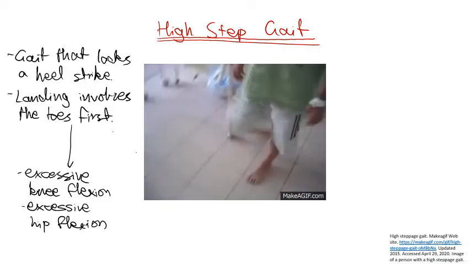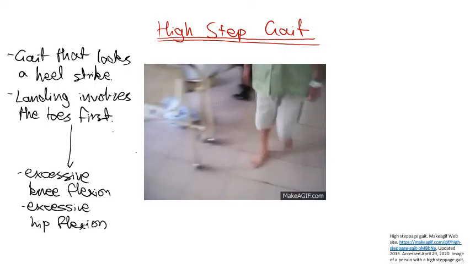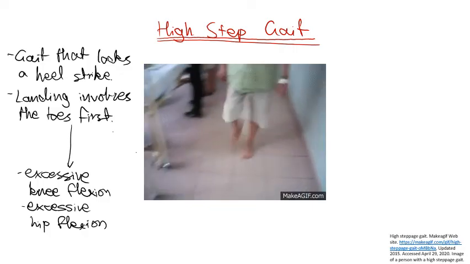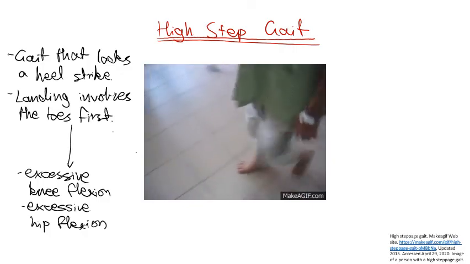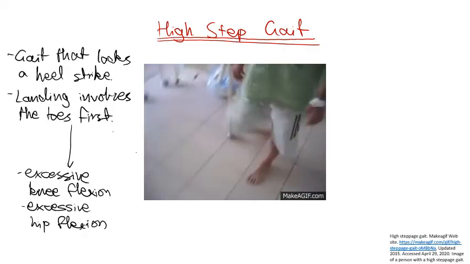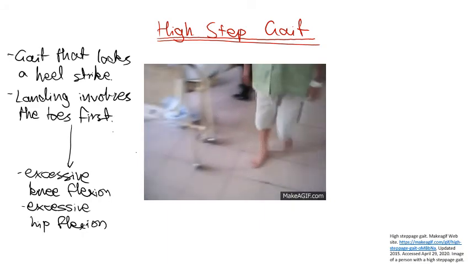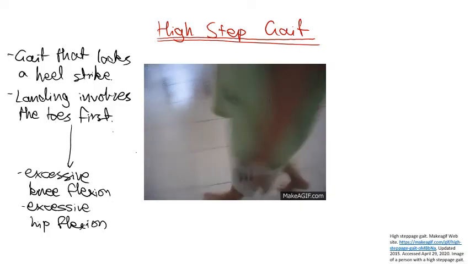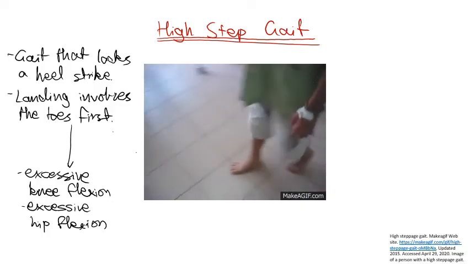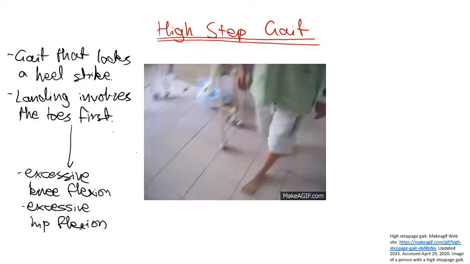If you think about the muscles that allow for dorsiflexion, these are all the muscles present within the anterior compartment of the leg. So if we have injury of the anterior compartment of the leg, then we're going to have pathologies or weaknesses associated with the tibialis anterior, extensor digitorum longus, extensor hallucis longus, as well as other muscles present within this area.